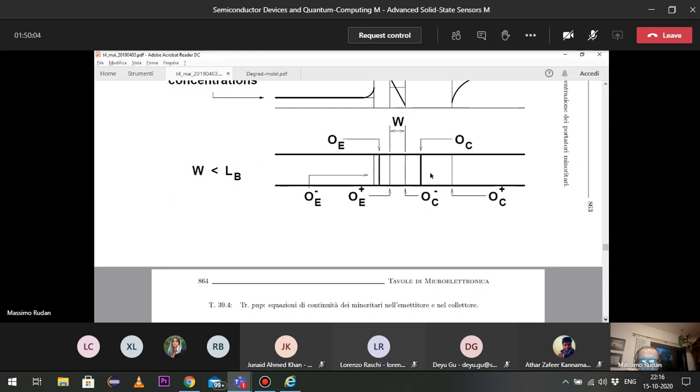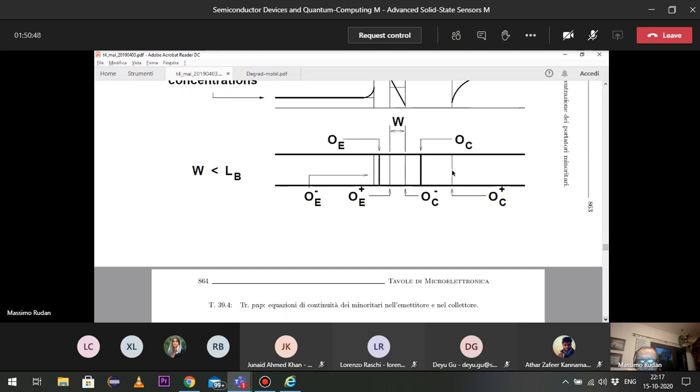So the reason why you introduce a dopant concentration of the collector much smaller than that in the base is simply because in this case OC plus will move essentially, because this is the lightly doped side of the region, okay? So OC minus will have a distance from the junction so small that even if it changes, it will change very little, because most of the changes in the width of the depleted region will go on the right-hand side, on OC plus, okay?